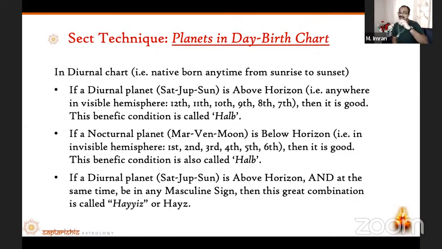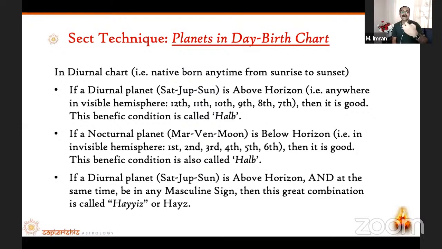Suppose Saturn is bad in the 12th house, everybody knows, right? But suppose Saturn in the 12th house is in a daytime chart, and Saturn is also in a masculine sign, because Saturn is diurnal and masculine signs are also diurnal by nature. This will greatly reduce the maleficence or inauspiciousness of Saturn in the 12th house, right?